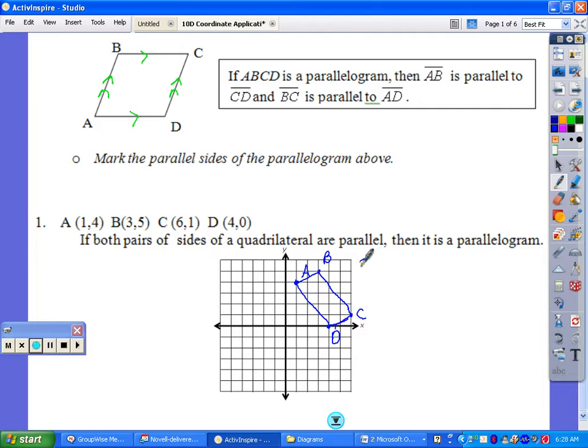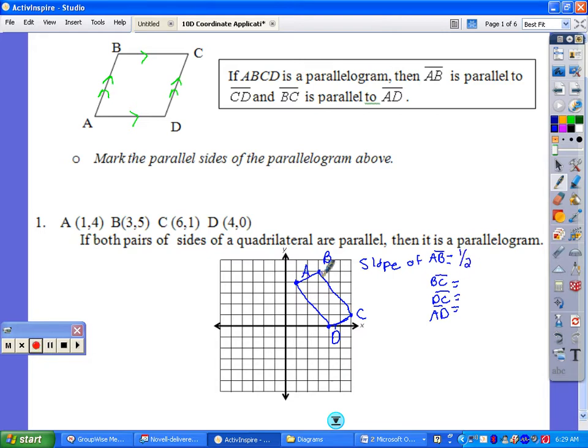So we need to find the slope of all the sides. So I need the slope of AB, BC, DC, and AD. So the slope of all the sides. So there's 2 ways: you can use the slope formula, or since we have it on a graph, we can count it. So the slope of AB, we go up 1 over 2, so it's 1/2.